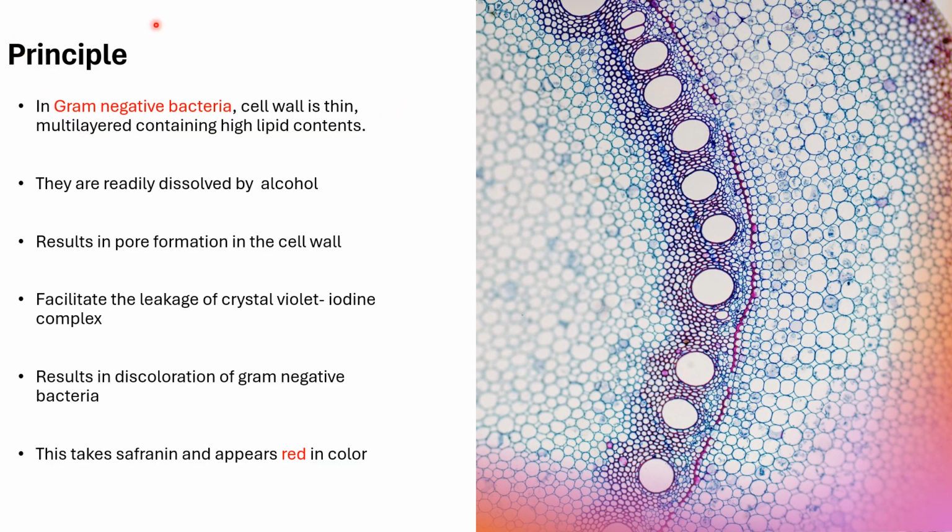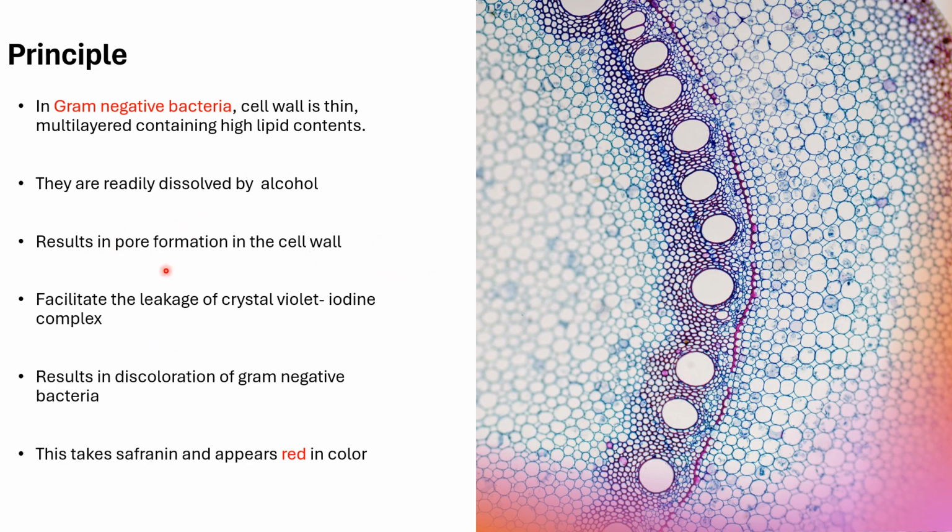Next, we will discuss the principle involved in gram staining method. In gram negative bacteria, the cell wall is very thin and multi-layered, containing high lipid contents. So when we add the decolorizer, that is alcohol, the lipid contents are readily dissolved, and that results in pore formation in the bacterial cell wall in case of gram negative bacteria.